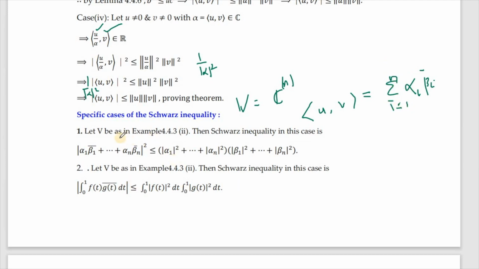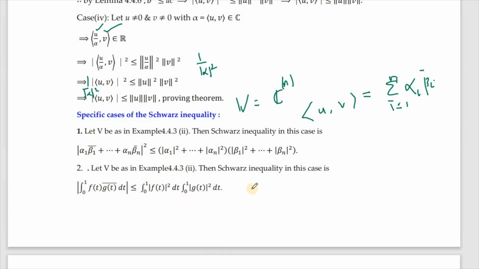So we can just make use of that definition of inner product and use Schwarz inequality, so that now this same Schwarz inequality in the case of Cn will become like this. So this is an application in the case of Rn or Cn. In the case of Rn, this conjugate will not appear, otherwise it is the same.